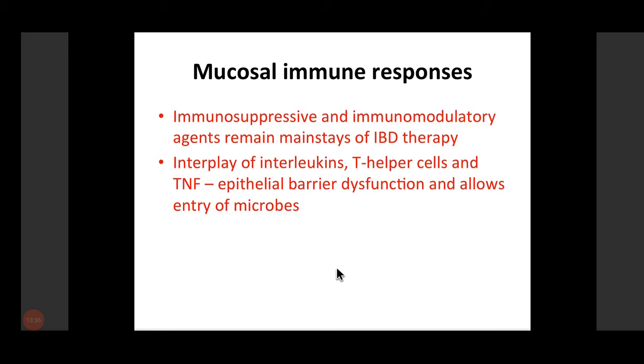And this is further proven or supported by the fact that immunosuppressive and immunomodulatory agents remain the mainstay of therapy for inflammatory bowel disease, because this mucosal immune response is one of the important etiological mechanisms.